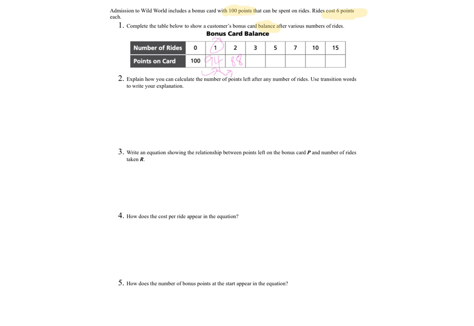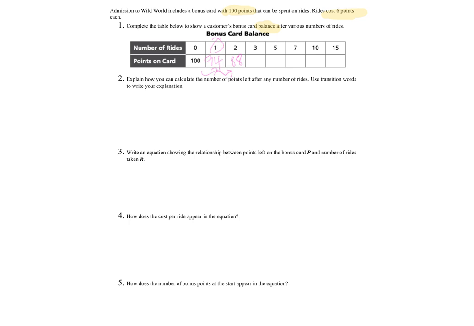Explain how you can calculate the number of points left after any number of rides. Use transition words to write your explanation, okay? And then write an equation showing the relationship between the points left on the bonus card, P, and the number of rides, R, okay?